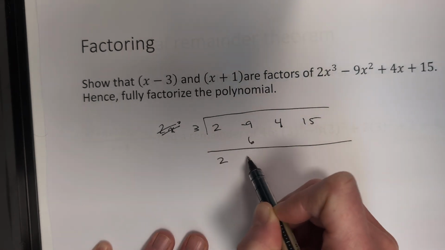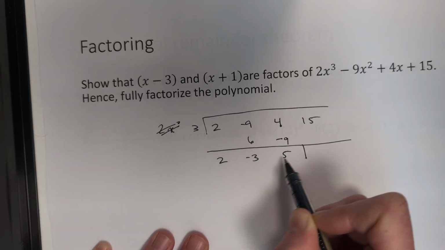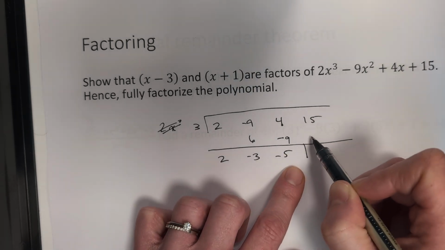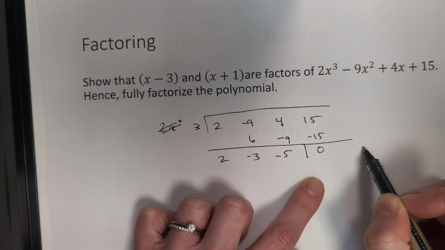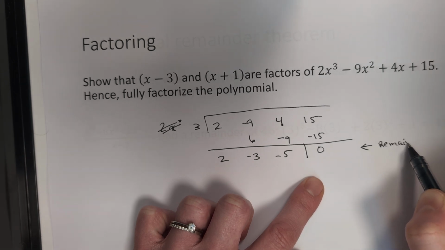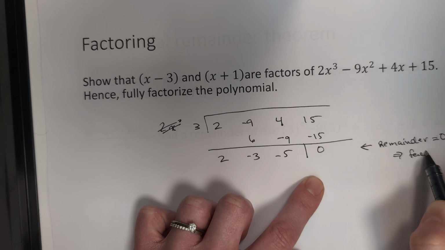Bring down, and then just keep going through. So that's going to be negative 15, 0. So we showed that, since the remainder is 0, that means it's a factor.